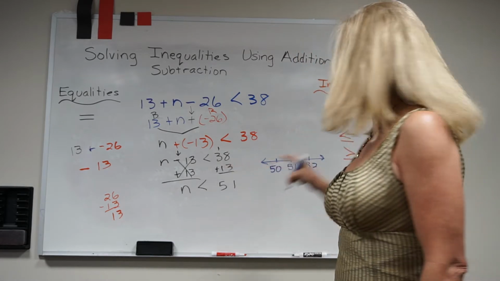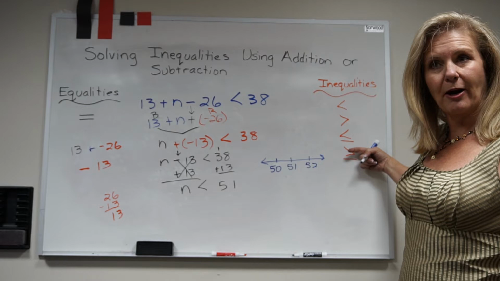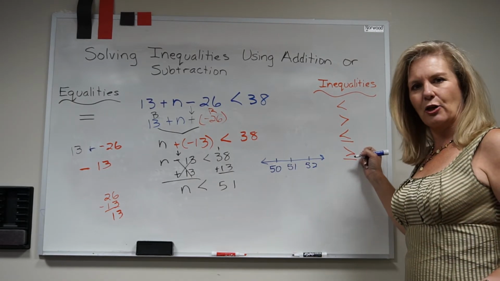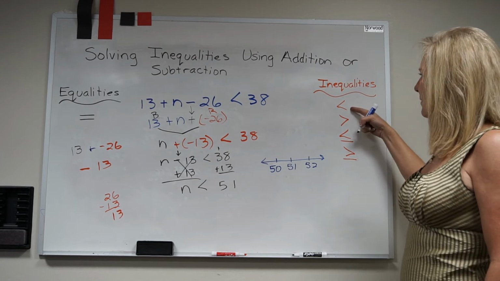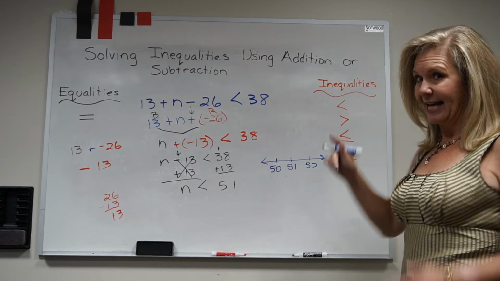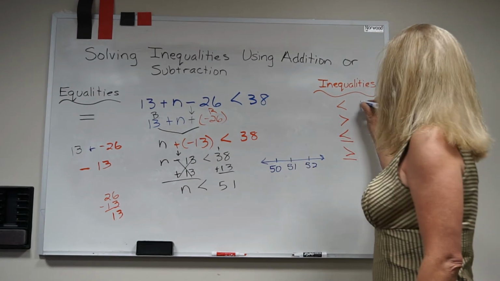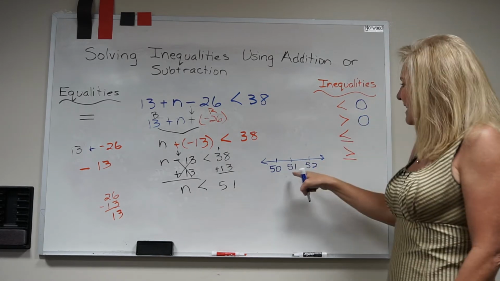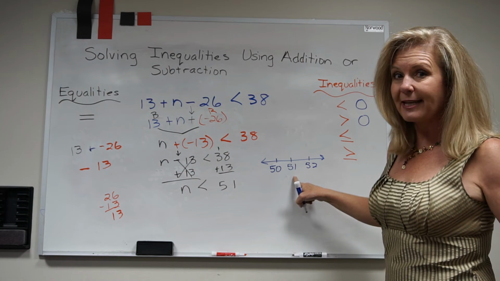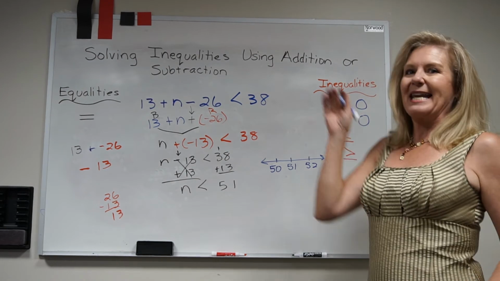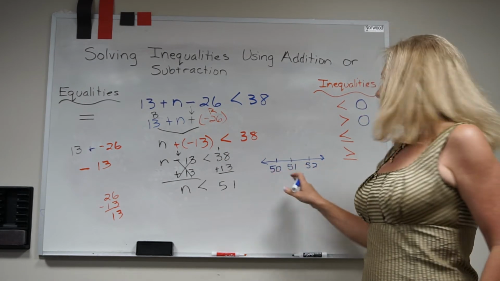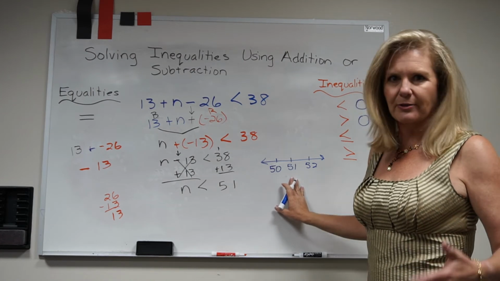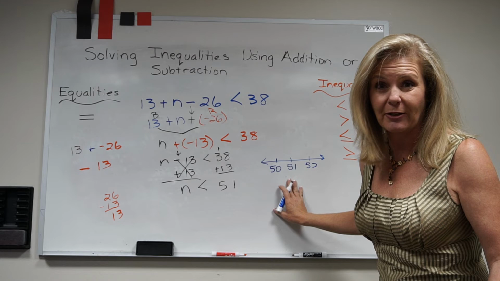Now, when we go to actually show our answer, we use what's called open circles and closed circles. If my answer is less than or greater than, and it's not equal to it, I use what's called an open circle. It means that number is not included in the answer, but the number right next to it, which would be like 51.000000000001, is a part of it.